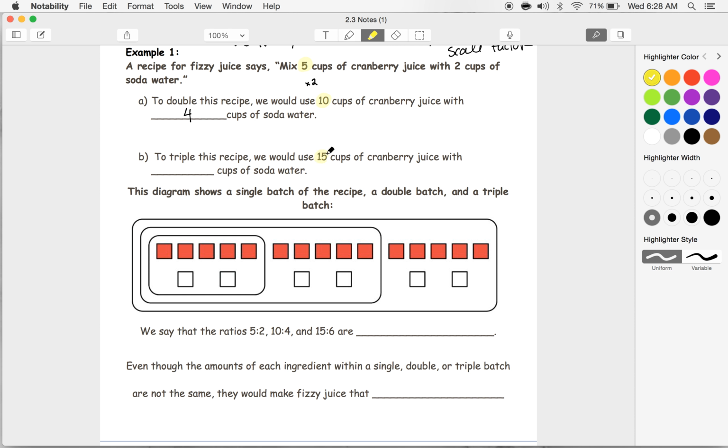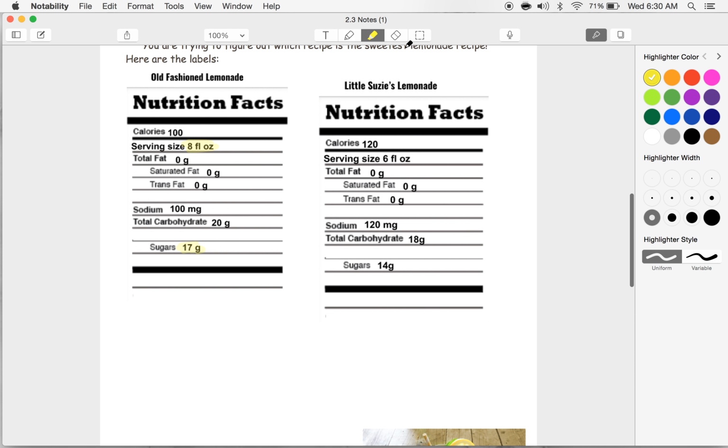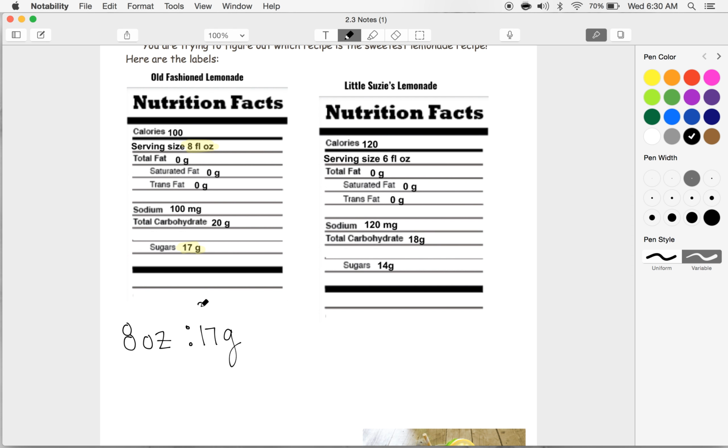All right, so we're going to look at example 2. You're trying to figure out what recipe is the sweetest lemonade recipe. Here are the labels. So you have old-fashioned lemonade and Little Susie's lemonade. So what I'm concerned about is the amount that's in there and how much sugar. 17 grams, okay? So for this one, it creates a ratio of 8 ounces total to 17 grams of sugar.